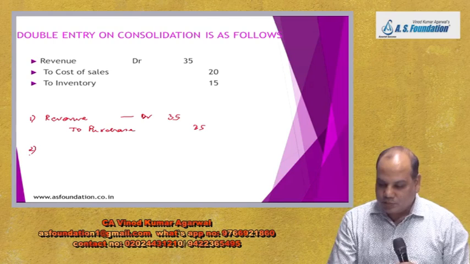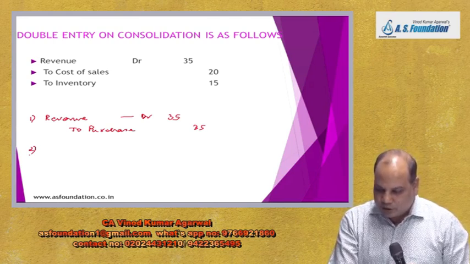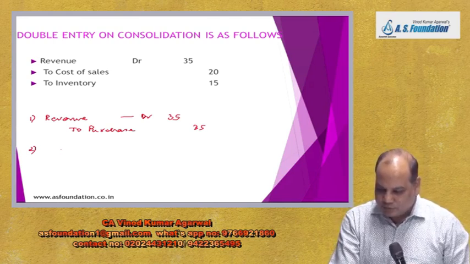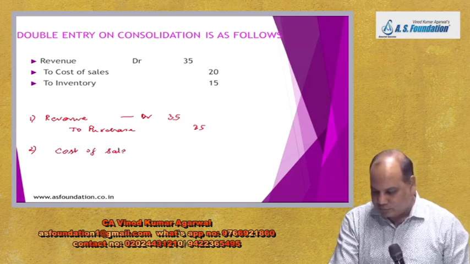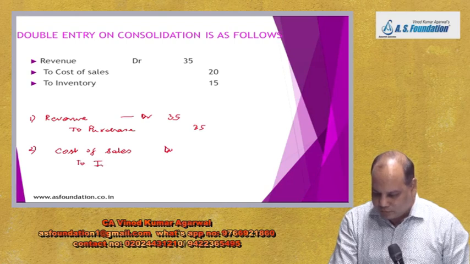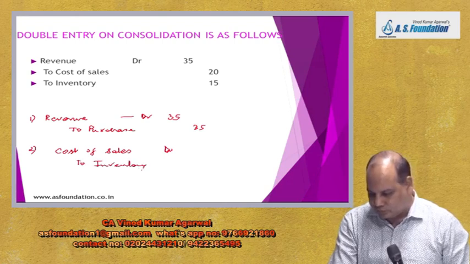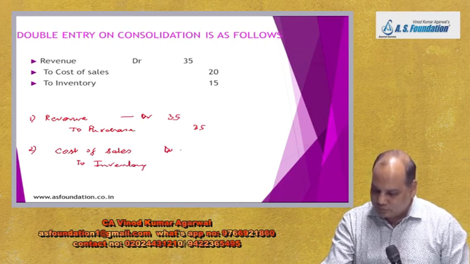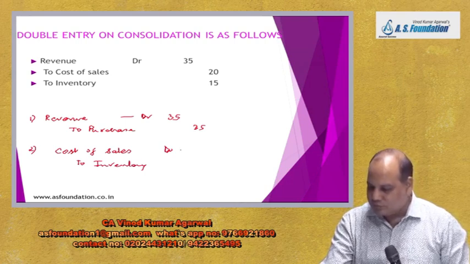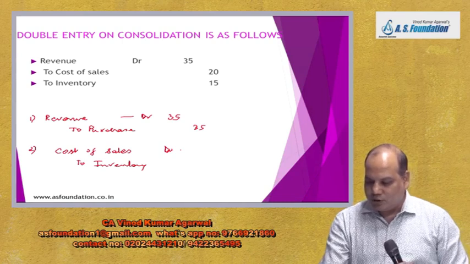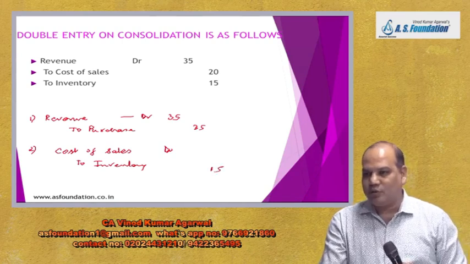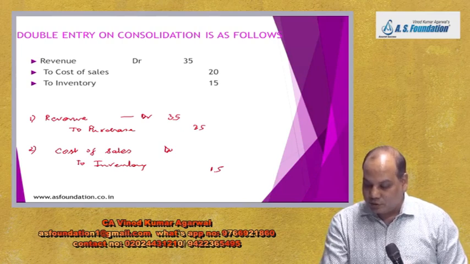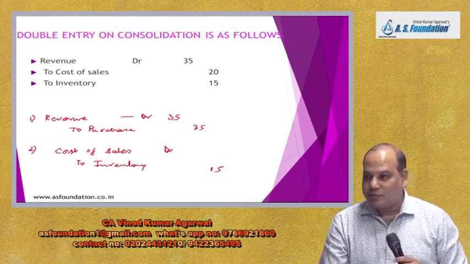So entry for elimination of unrealized profit will be cost of sale account debit to inventory account. I have to reduce inventory, so inventory will be credited by 15. Do you agree? So second effect, your cost of sale will get adjusted by 15.